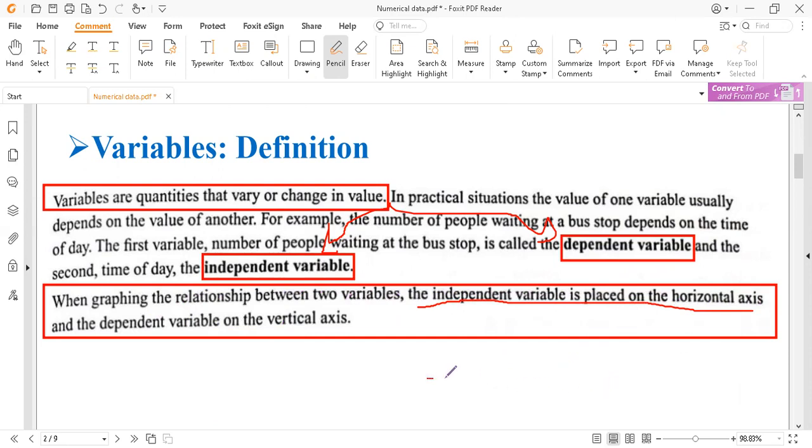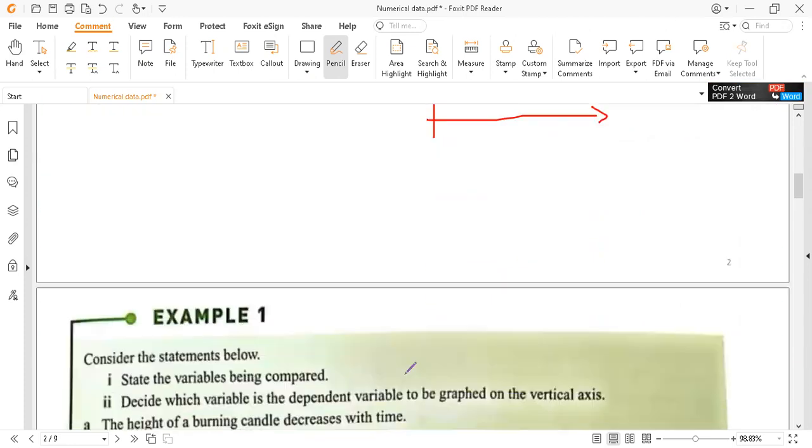The horizontal axis is dedicated to the independent variable, and the vertical axis works with the dependent variable to show its variation related to this one. Good.